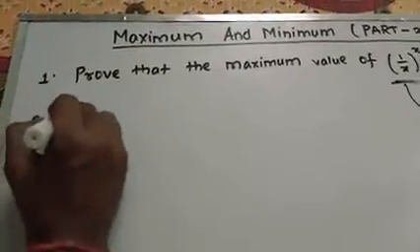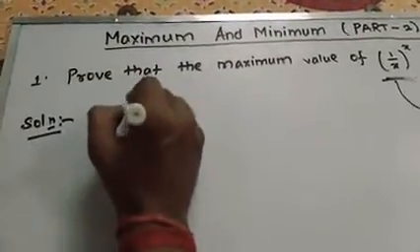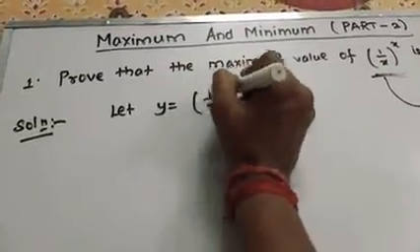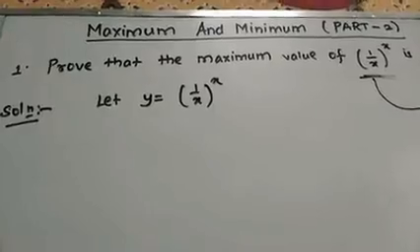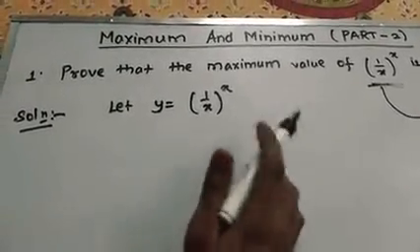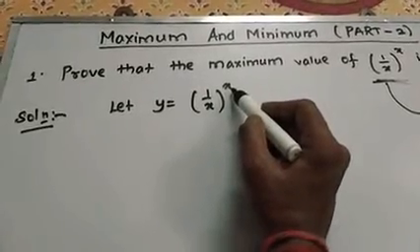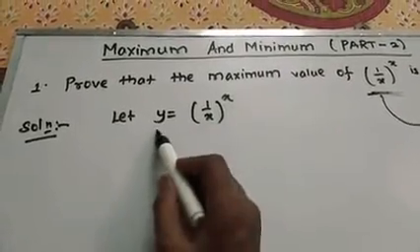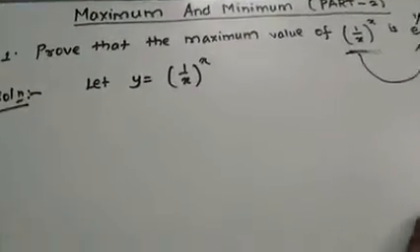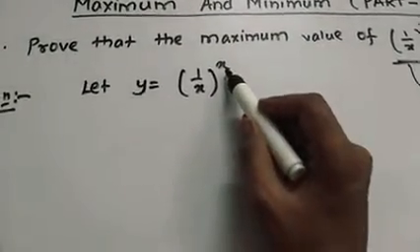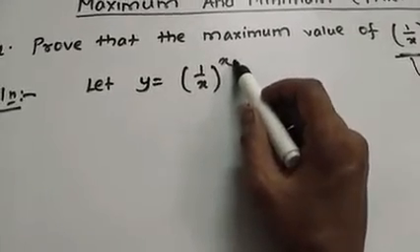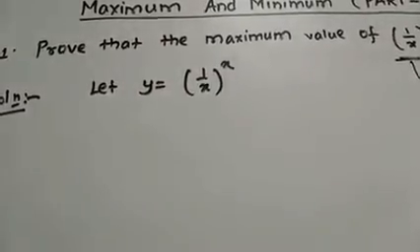First of all, we will assume that function: let y equals (1/x)^x. Now we can see that there is a power x and we have to differentiate. That means we have to find dy/dx as well as d2y/dx2. But there is a power, and whenever there is a power we take log on both sides.